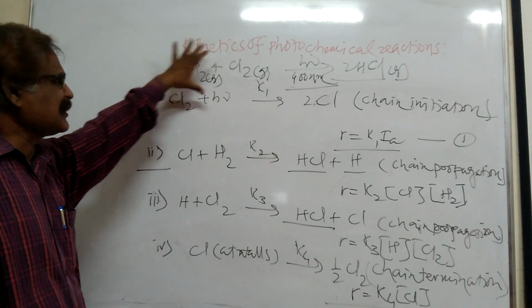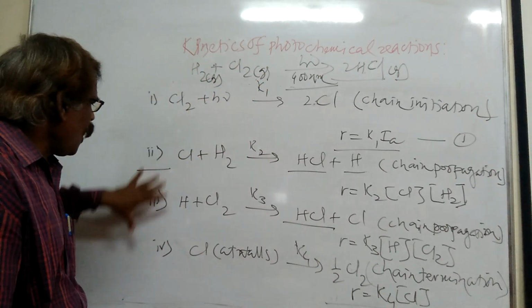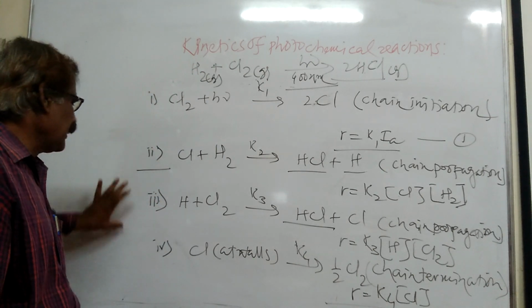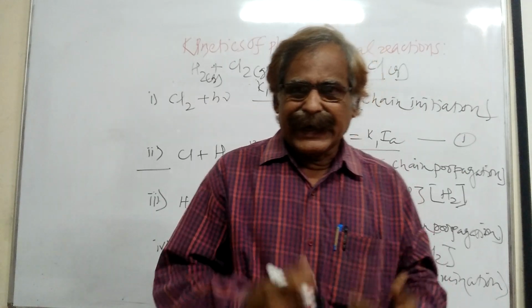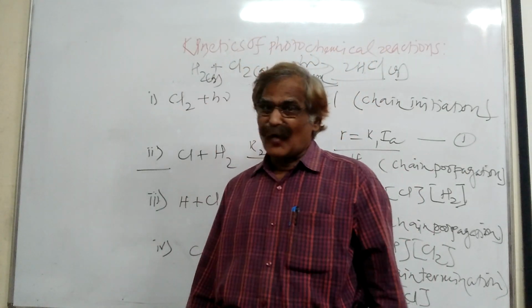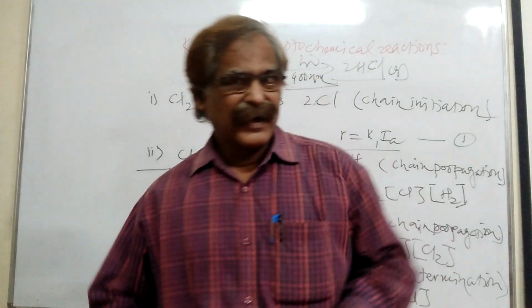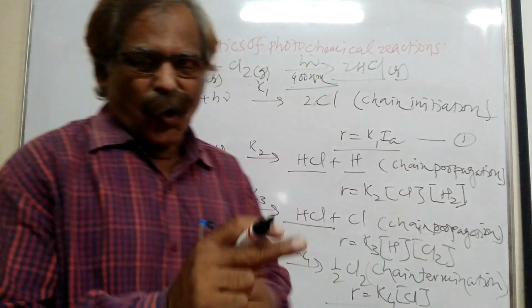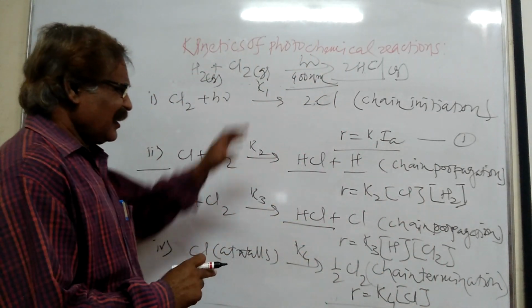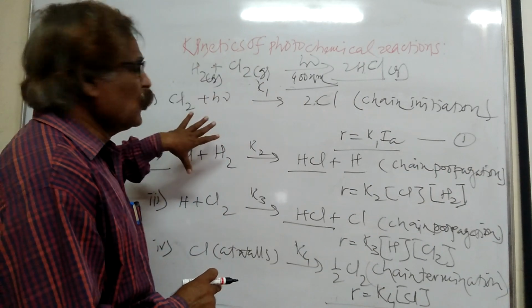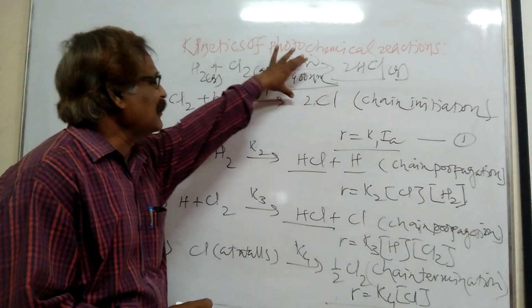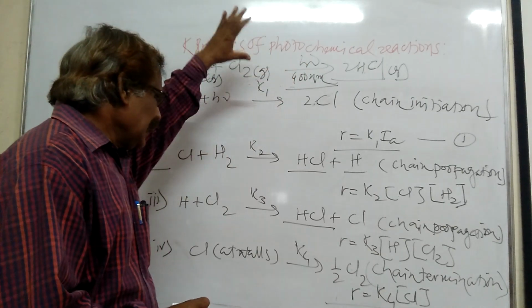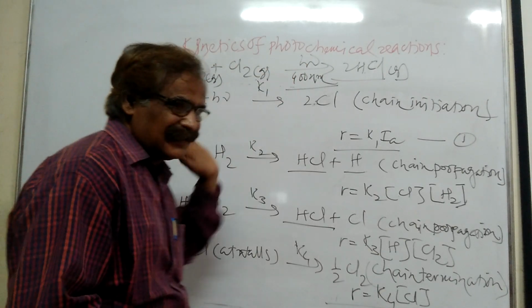This reaction is a complex reaction, involving all these steps 1, 2, 3, 4, and we know rate law determination for complex reactions is difficult when it involves so many steps. So let us see how we can derive an expression for the rate of this reaction involving all these steps.